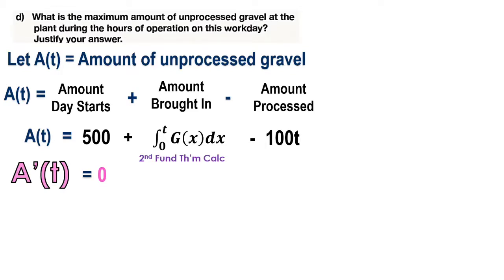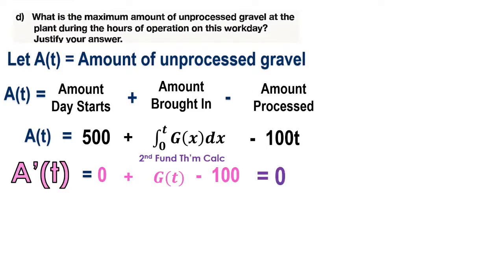So we really are just going to substitute the upper bound times the derivative of the upper bound, which is 1. So we have g of t times 1, which is g of t, and then the derivative of negative 100t is minus 100.